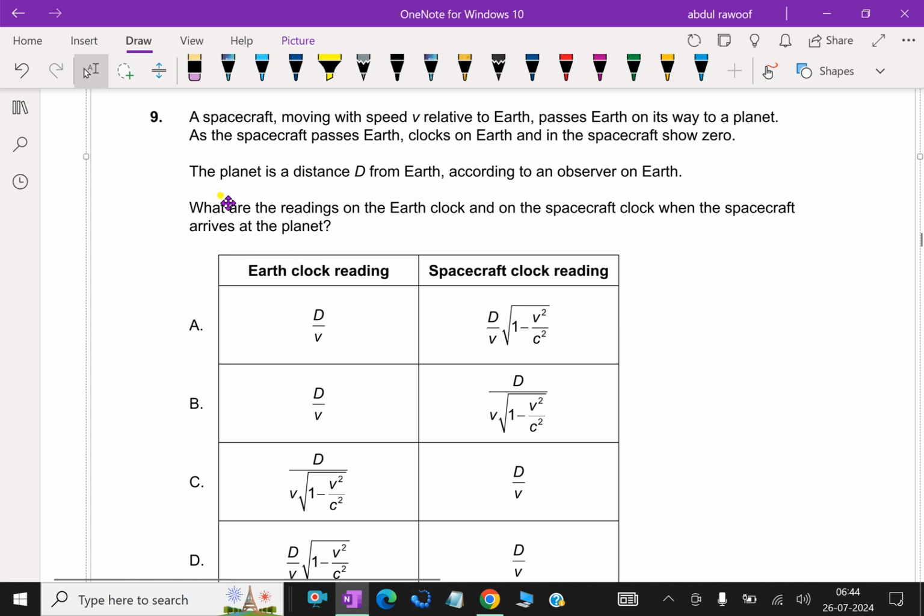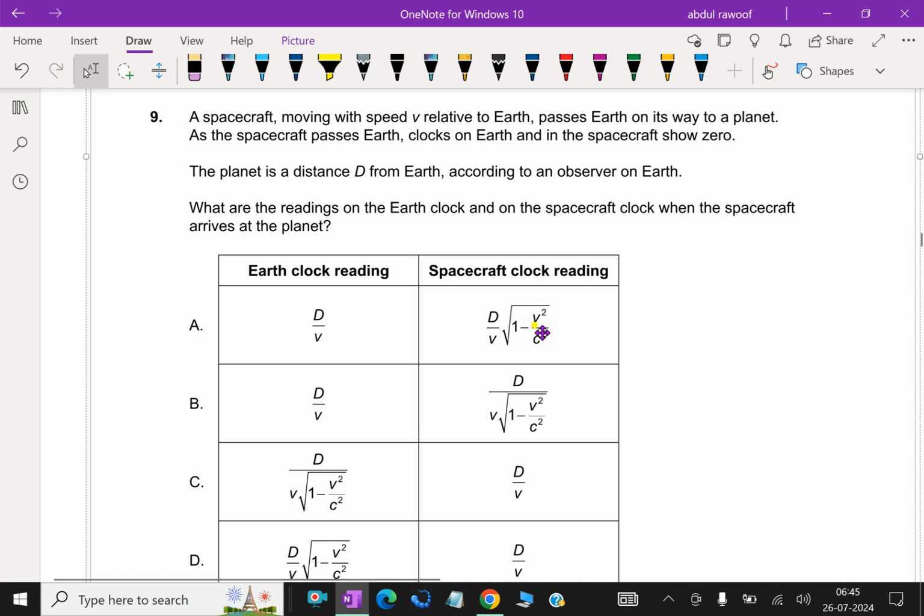That means this is a relativity question. Here d by v, the distance over velocity, is the time, so the Earth clock reading is d by v. Then the spacecraft clock reading is the same time multiplied by the square root of 1 minus v squared over c squared, where v is the spacecraft speed and c is the maximum speed of light.